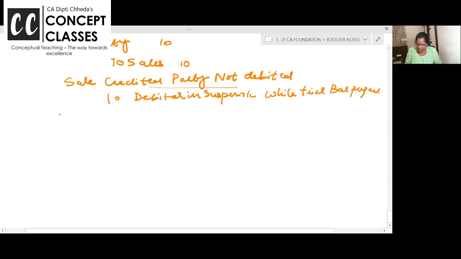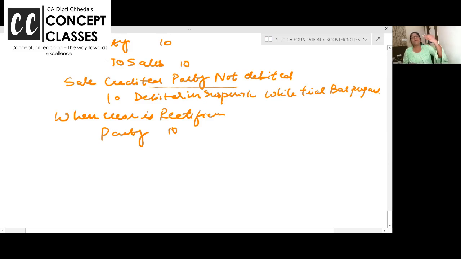Now when the error is rectified, party was not debited, now debit. Suspense was debited because credit was made but there was no debit, so you put it in the suspense and closed it. Now you got it.